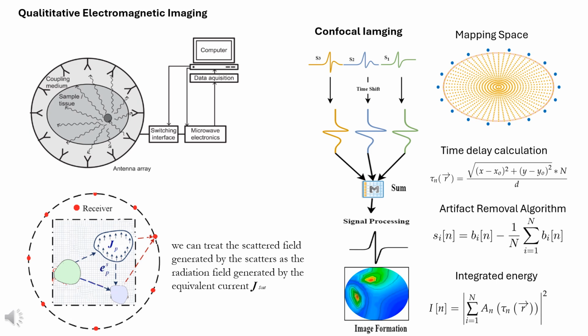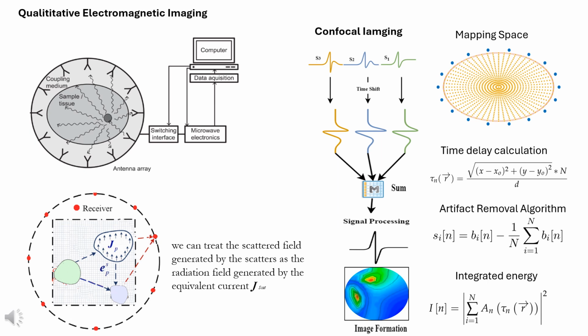As shown, the signals from each antenna are processed to extract useful information, such as intensity and phase, and these are combined to generate a final image. This process helps visualize the internal permittivity and conductivity properties of the tissue. The image intensity formula, I-n, represents the intensity of the reconstructed image. It sums over all antennas after accounting for the time delay, producing the final image with regions corresponding to different tissue properties.